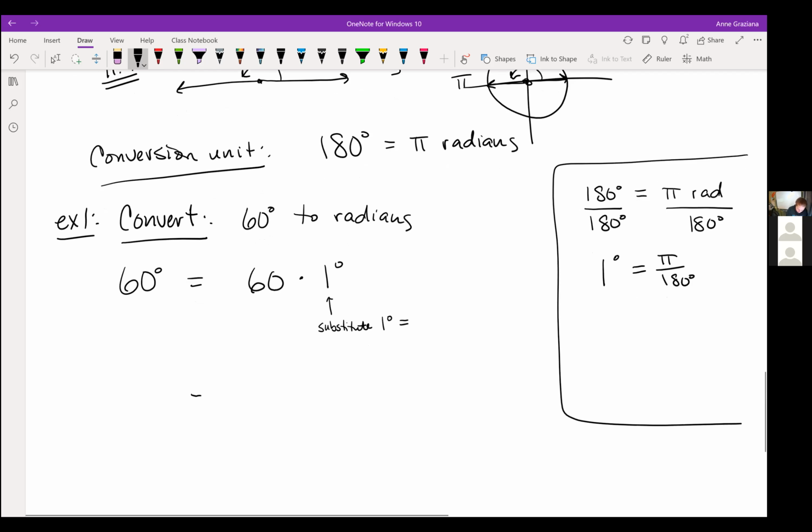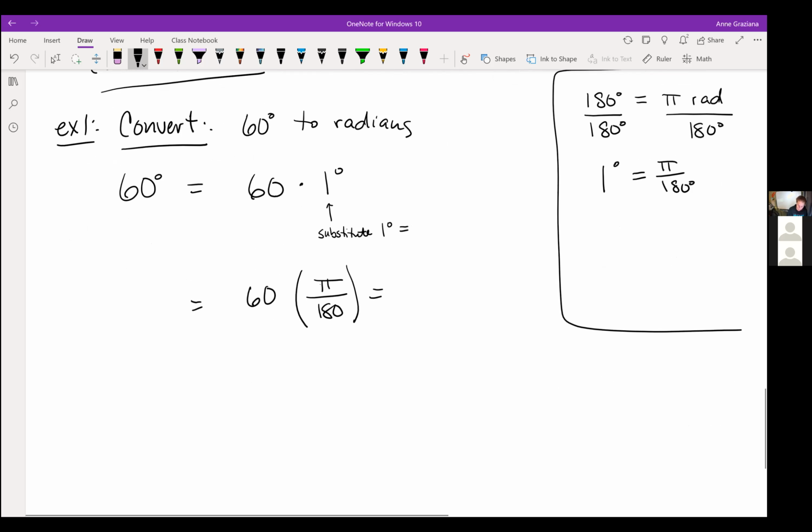So when I convert this, I'm going to take 60 times this that I just got, pi over 180, to get to radians. Okay. So I have to figure out how many radians is equivalent to 1 degree. Well, it's pi over 180.